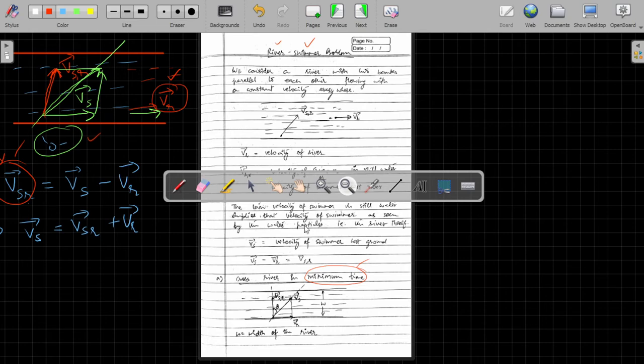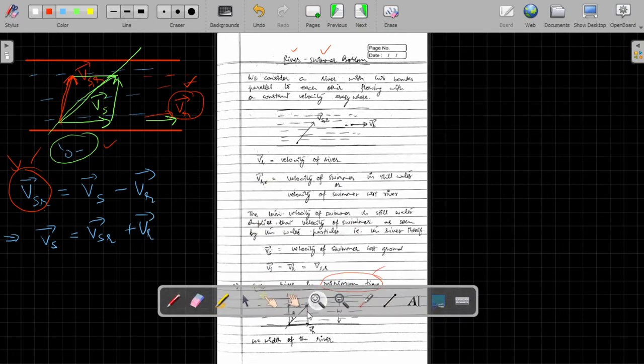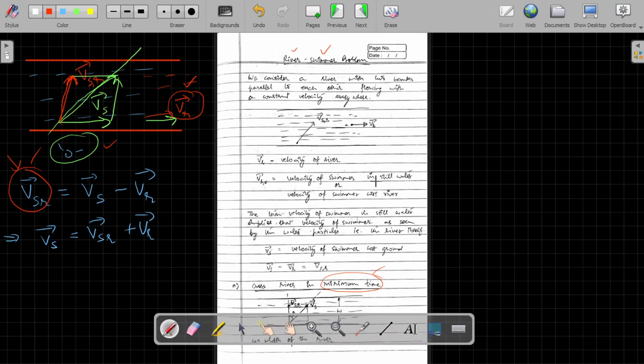So we think for this problem that you have the velocity of swimmer with respect to river.